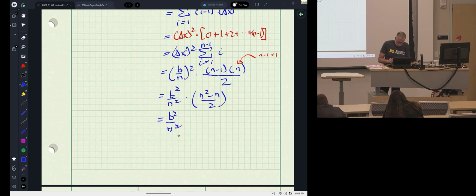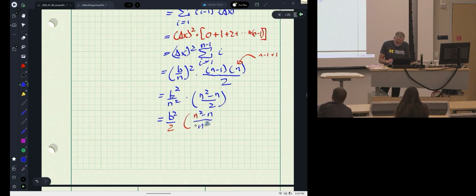Okay, and then what I'm going to do is move the 2 here. So let me put that in red so it's clear what I'm doing. Okay, so I just swapped the positions there.